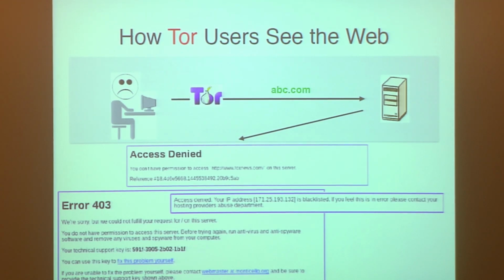For those of you that aren't familiar with Tor, very briefly, it's a tool that allows users to more privately browse the internet. It source routes your packets, encrypts them through basically 3 routers, and then the final router, the exit router, contacts the service that you're intending to contact.